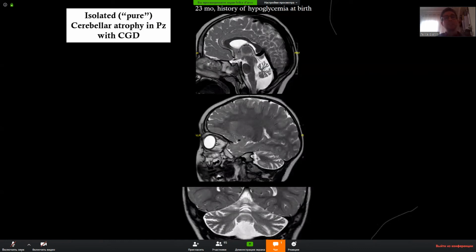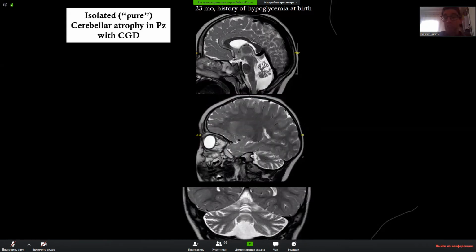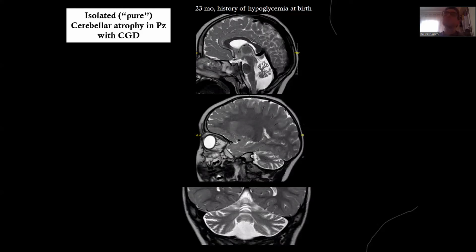When you see just an atrophic cerebellum and nothing else in the supratentorial brain or in the brainstem, you call it isolated cerebellar atrophy. This was a patient with a disease called congenital disorder of glycosylation, but actually there are a lot of causes for pure cerebellar atrophy.